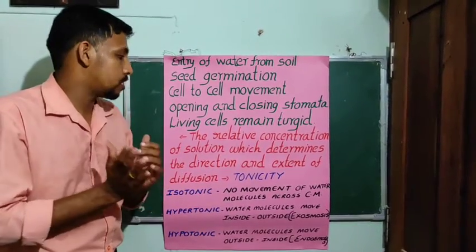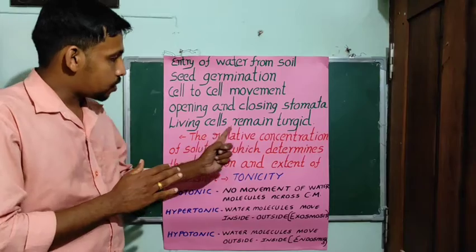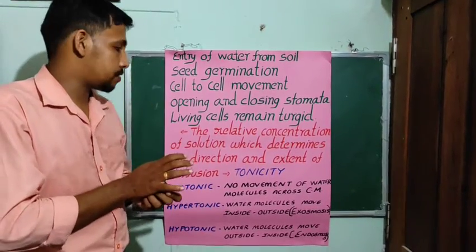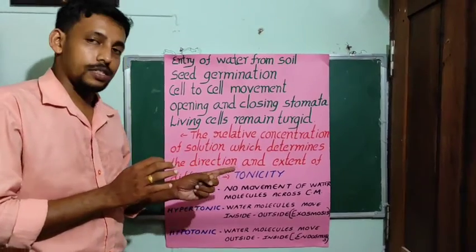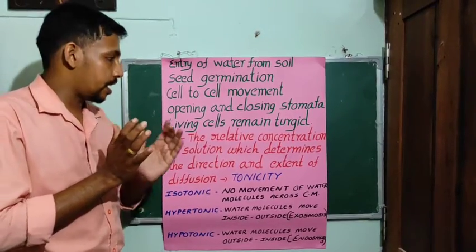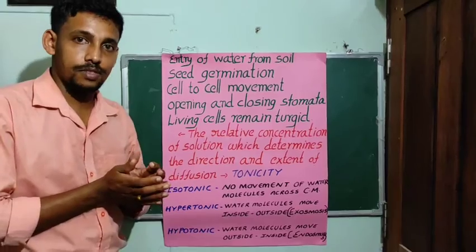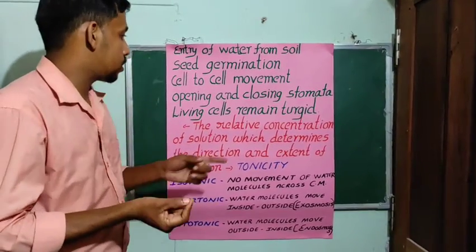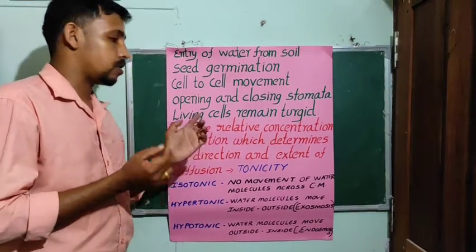Then what is tonicity? It is the relative concentration of the solution which determines the direction and extent of diffusion. The direction and the extent of diffusion are determined by the relative concentration of the solution.